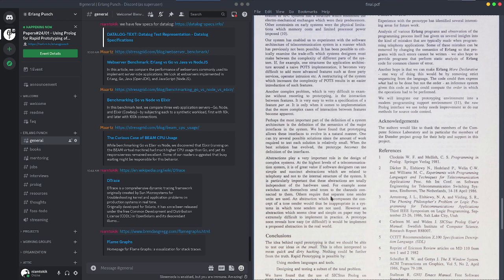Others require that several tone sender units are used. An abstraction which encompasses the concept of a tone sender would then be inappropriate in a system in which tone senders are not used. However, an abstraction which seems clear and simple on paper may be extremely difficult to implement in practice. A prototype soon reveals how easy or difficult it would be to implement a proposed abstraction in the real world.